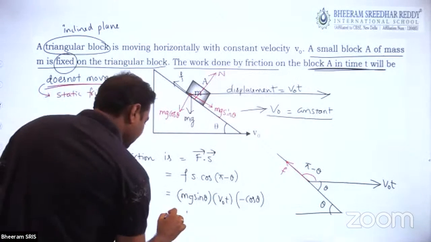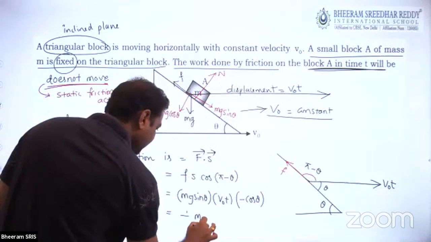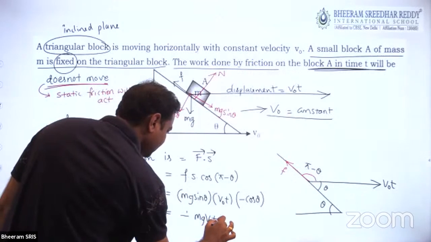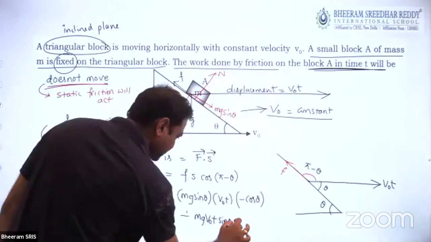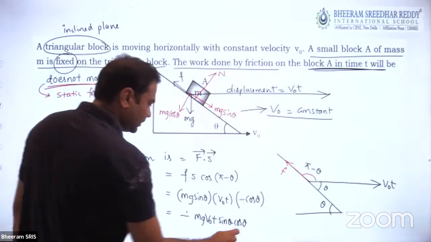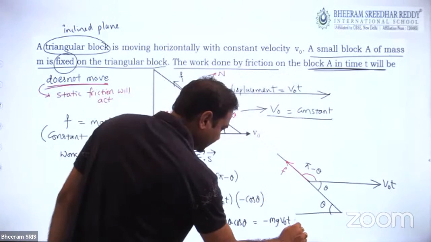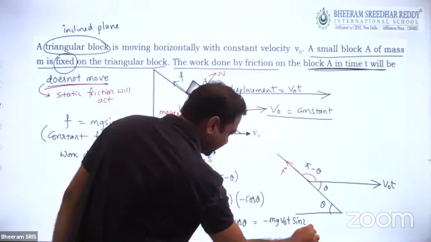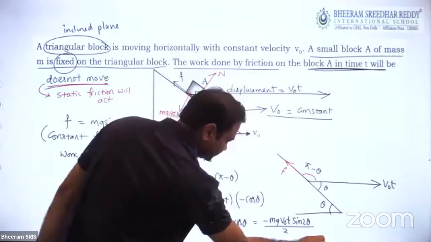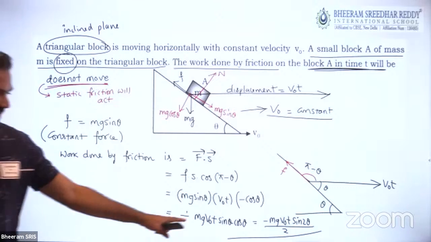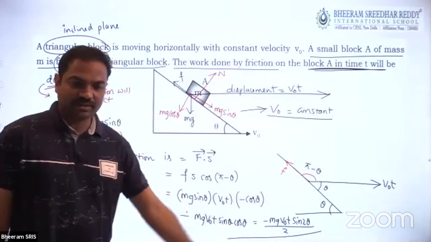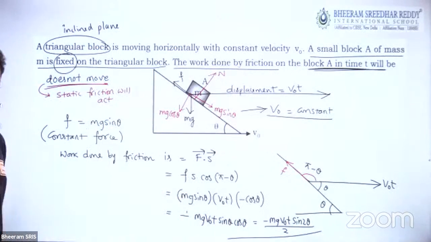So finally, the work done value is minus mg v naught t sin theta cos theta. This I can write as minus mg v naught t sin 2 theta by 2, since sin theta cos theta is sin 2 theta by 2. That is the work done.